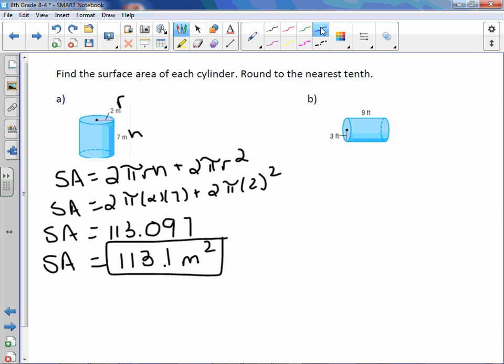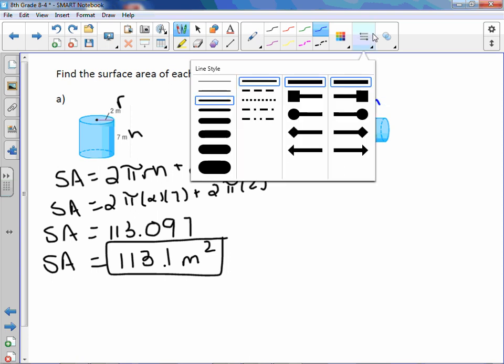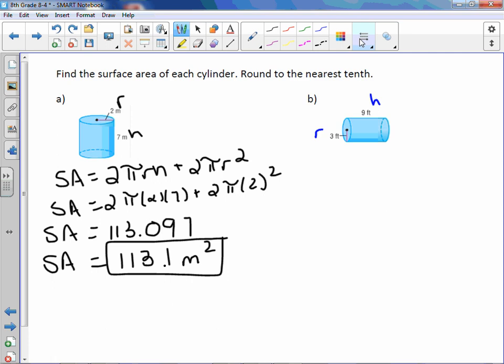Letter B. 3 is our radius, 9 is our height. Surface area equals 2 pi r h plus 2 pi r squared.